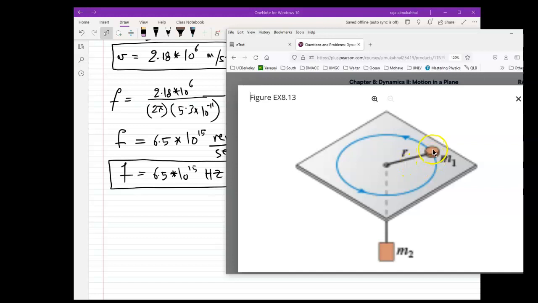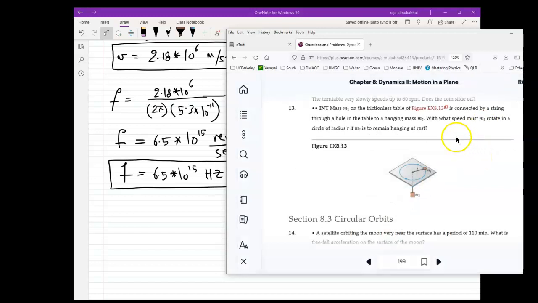We're just saying that if M1 is moving at a certain velocity in such a way that it will keep M2 from descending, okay? He's asking, what is that velocity? Let me read the question again. With what speed must M1 rotate in a circle of radius R if M2 is to remain hanging at rest? Got it? Okay. So let's do that.